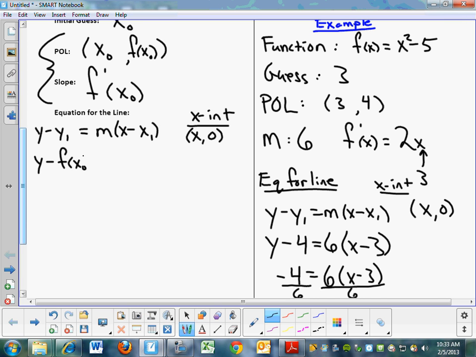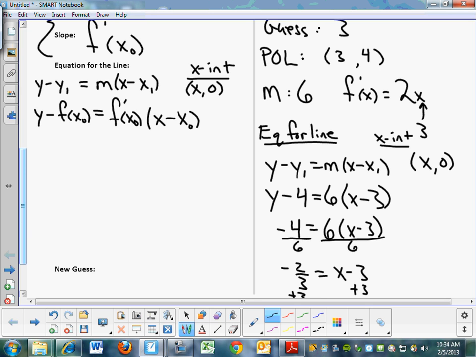F of x sub 0, good. Equals, what represents my slope? Good. The derivative of f evaluated at x sub 0 times, what is my x sub 1 value? We'll call it x sub 0, our initial guess.